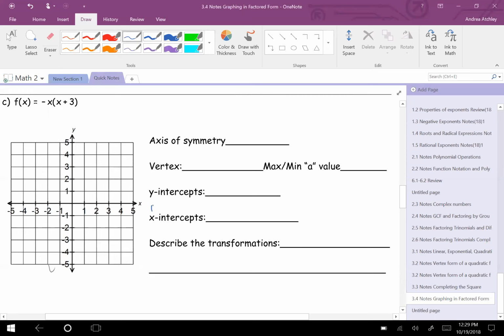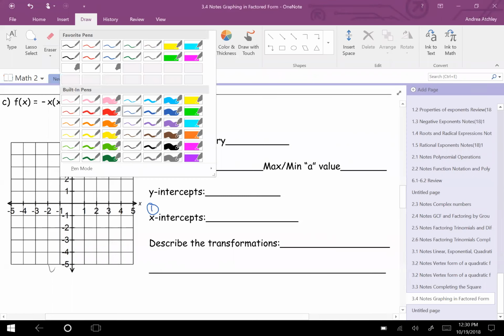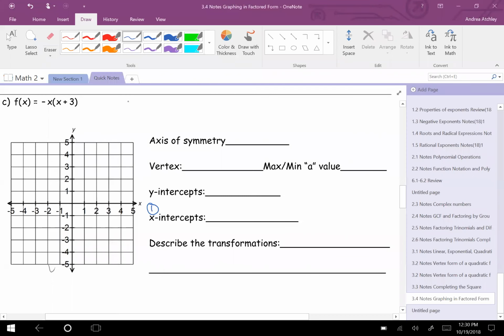Okay, first step, x-intercepts. Okay, everyone find the x-intercepts for me. Very good. So when you separate it, you have x plus 3 equaling 0. So you get x equals -3. So that's one of them. Does anyone think they got the other one?